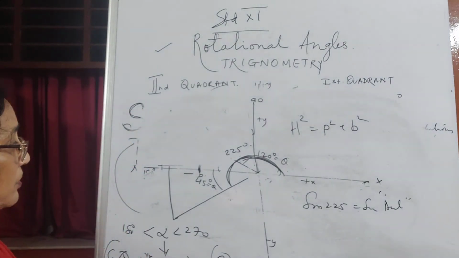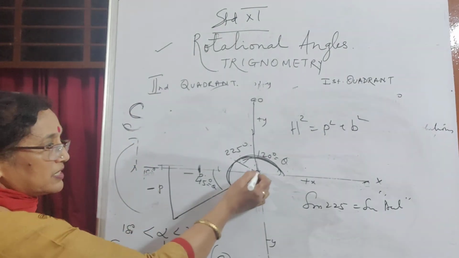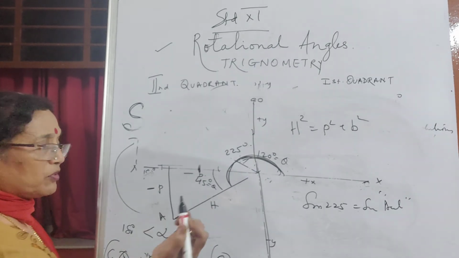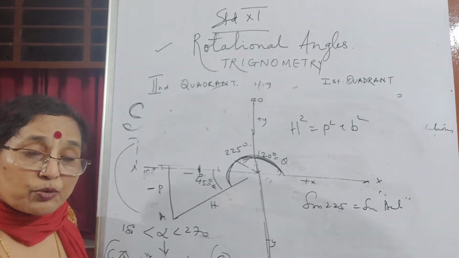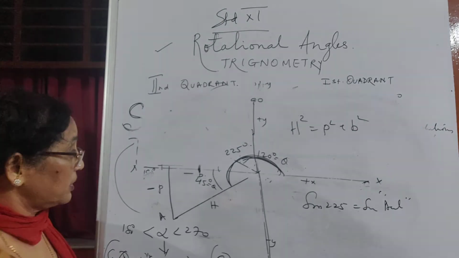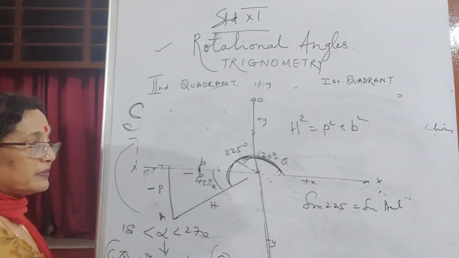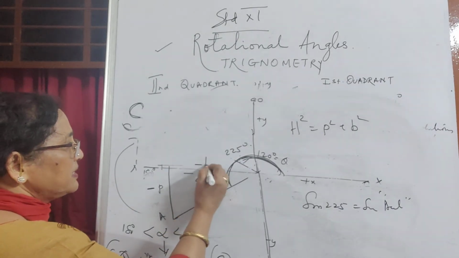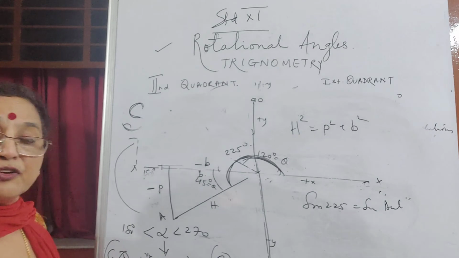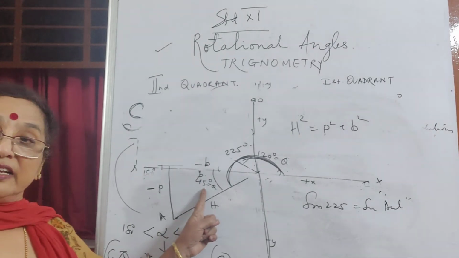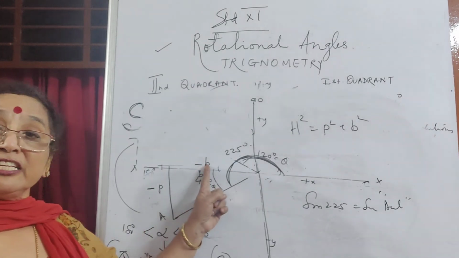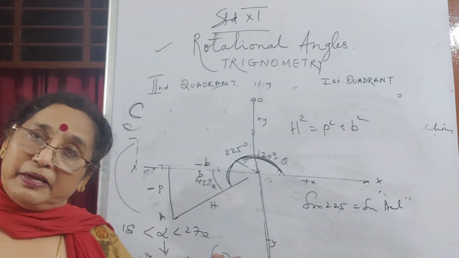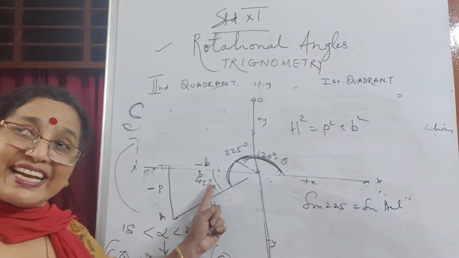Now you see P is negative, and H, the hypotenuse, will always be positive because it is the square root of the squares of P and B. B, the base, is also negative. So tan of this angle is minus P by minus B, which becomes P by B. Cot will be B by P, for cot of theta, whatever the excess is.